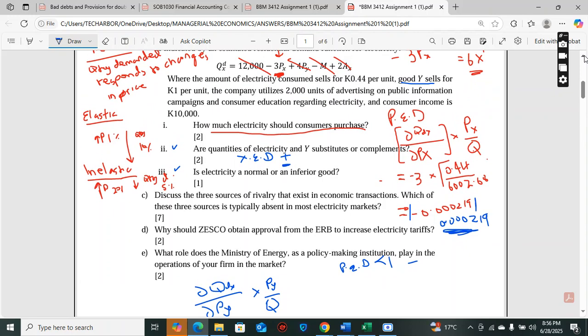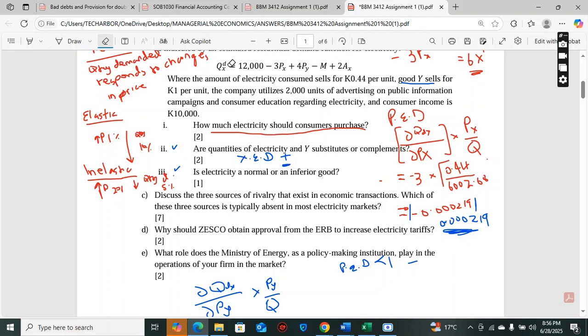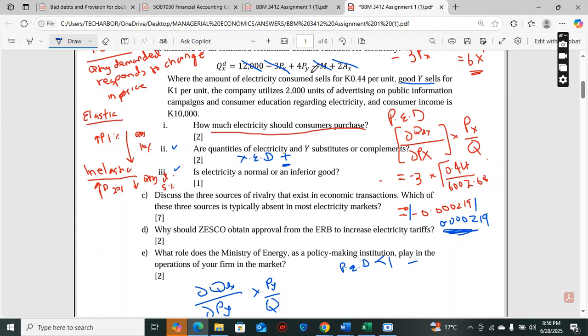So in our demand function here, if any term doesn't have a PY, it goes. So the 12,000 goes, the negative 3px goes, negative m goes, 2ax goes. We only remain with this 4py. This 4py is like to the power 1. When we derive, we say 1 times 4, that is 4.